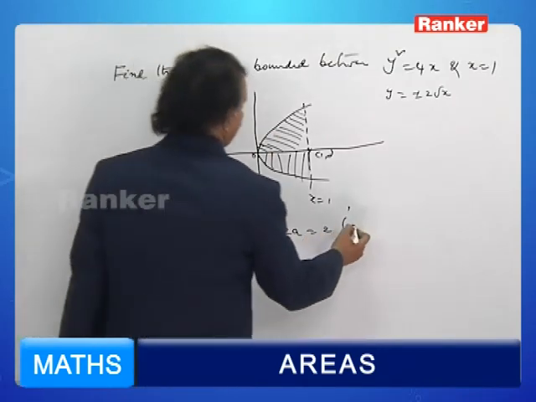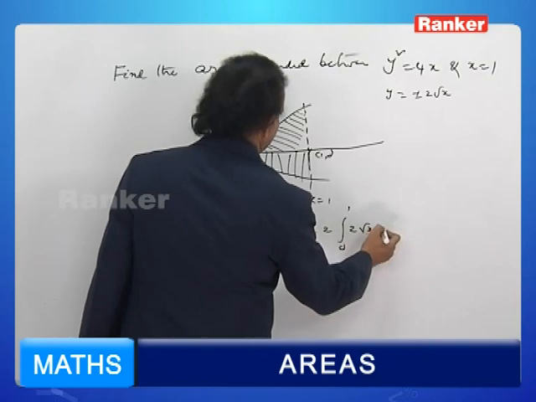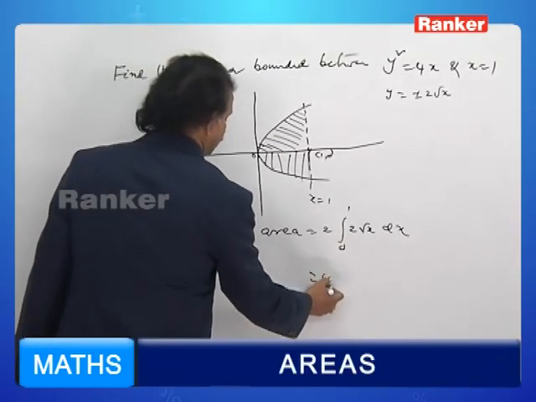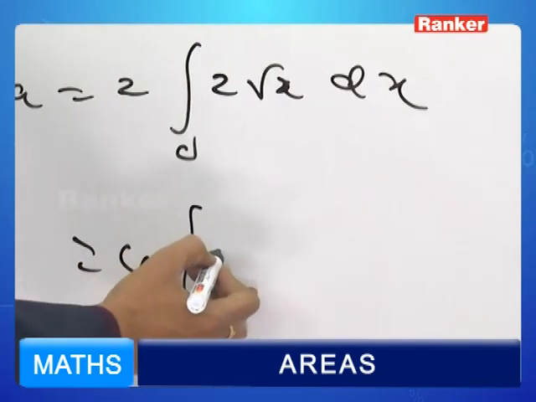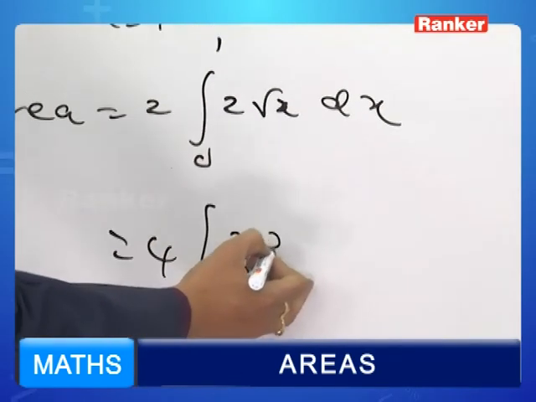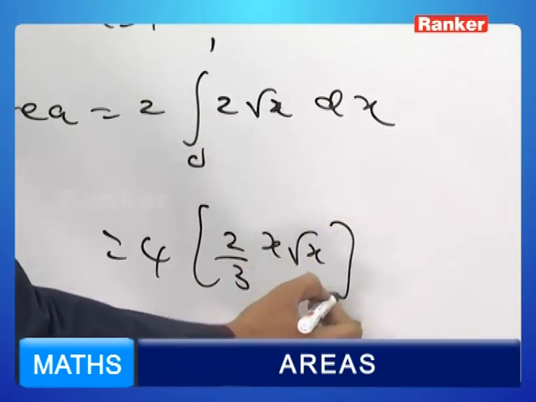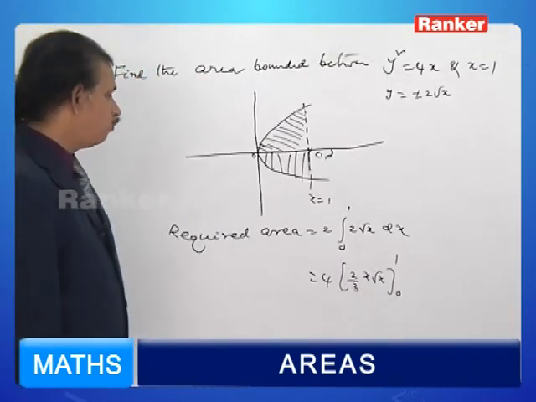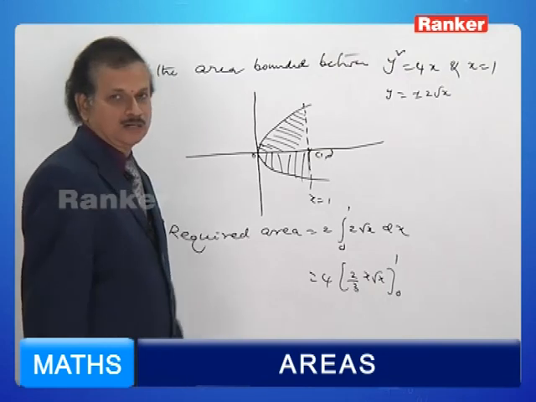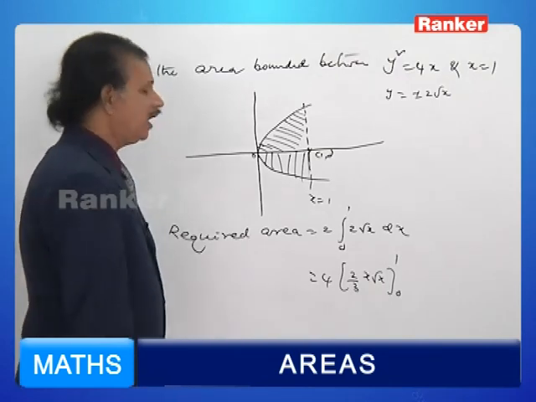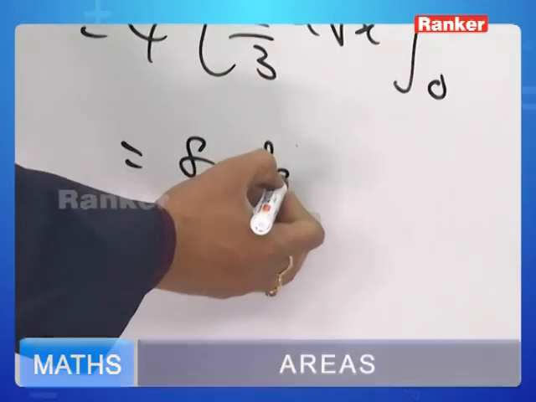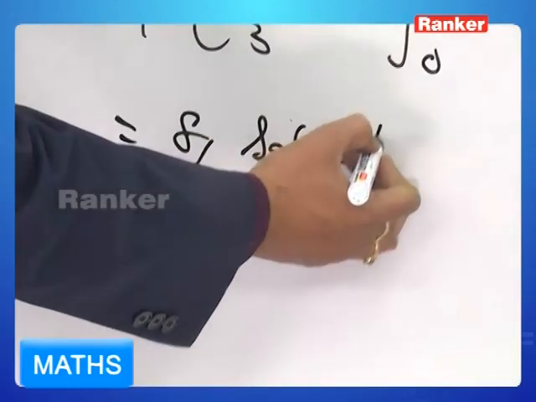So, 2 into 2 root x dx. 2 twos are 4. What is the integral of root x? 2 by 3 into x root x between the limits 0 to 1. If you put 1 in the place of x, it will be 1. Otherwise, it is 0. Altogether, it is 8 by 3 square units.